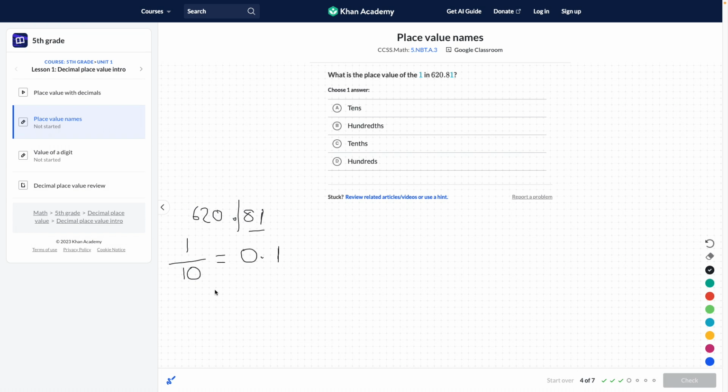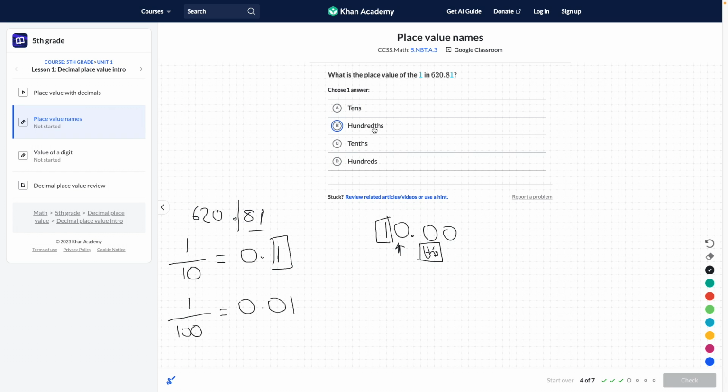The next digit would be 1 divided by 100, which is equal to 0.01. So we now know it's not tens, because that would be the tens position if this had decimals. This is the ones, and this is the tenths.